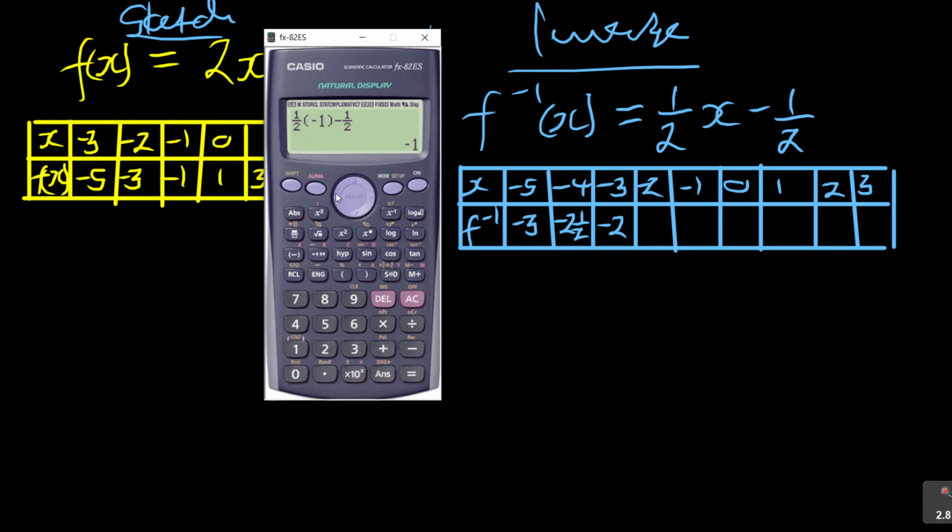Let me put 1 here. If I put 1, 1 becomes 0, and if I put 2 here, it becomes half. If I put 3 here, it becomes 1.